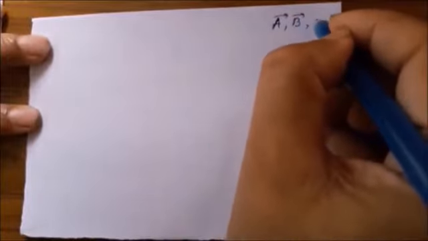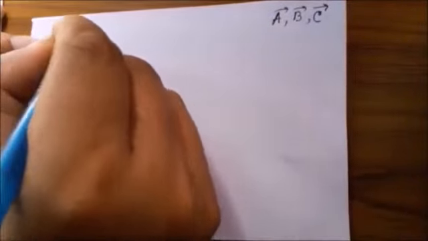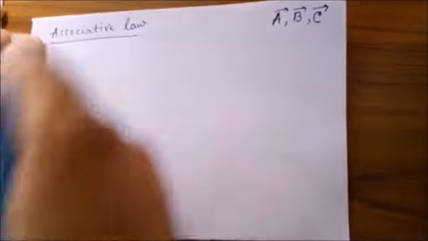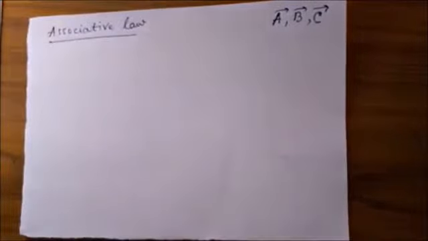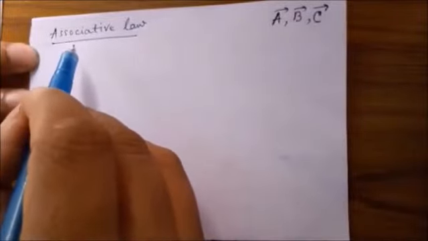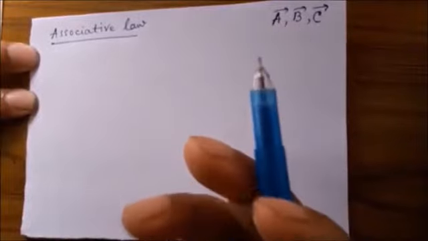Let us mention the rules of vector algebra. We think of three vectors. One is A vector, one is B vector, one is C vector. Now vectors obey associative law. Which tells us how we can associate these vectors and form meaningful expressions.